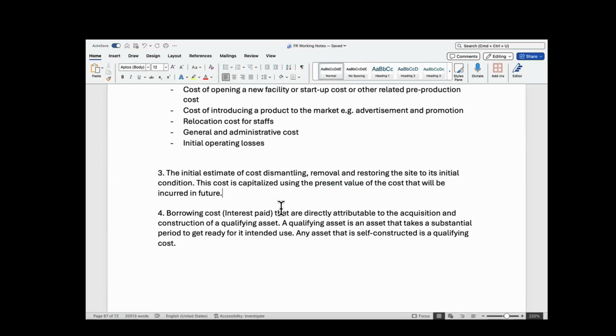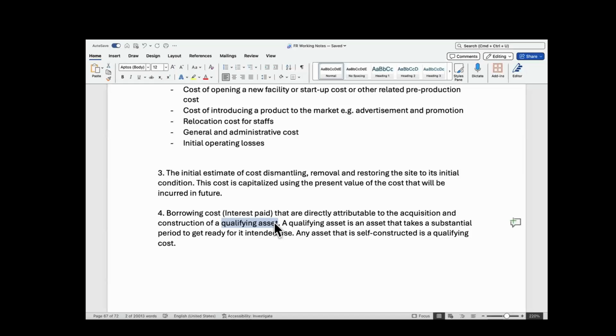Also, there are borrowing costs that are directly attributable to the acquisition and construction of a qualifying asset. And I made you understand that a qualifying asset is one that takes a substantial period to get ready. If it's an asset that you buy off the shelf that is ready at acquisition, that is not a qualifying asset.